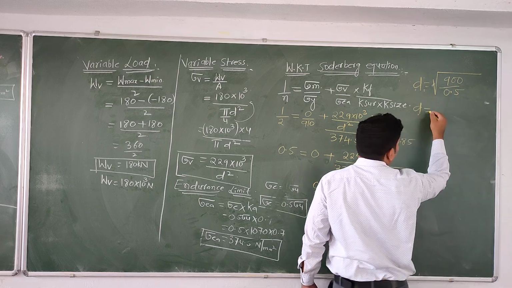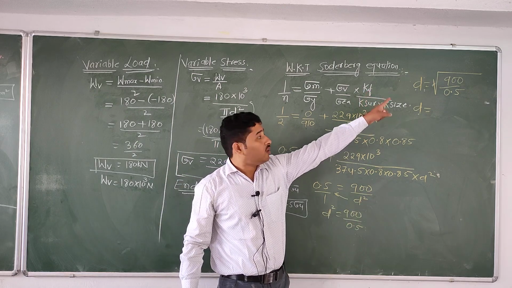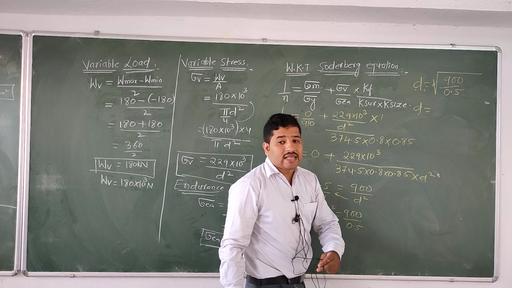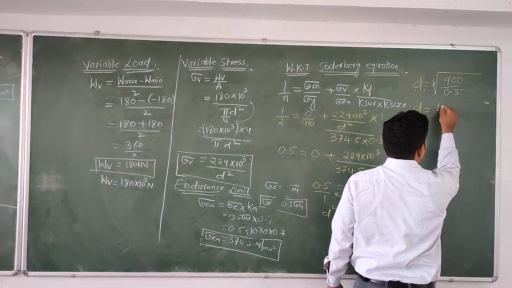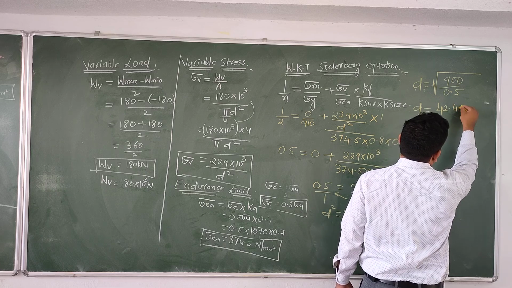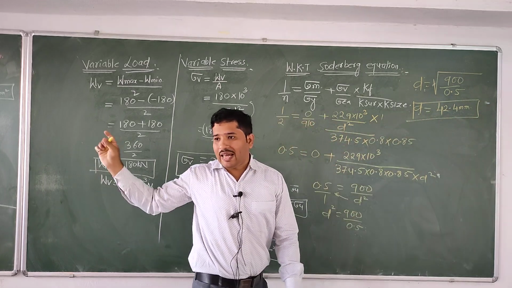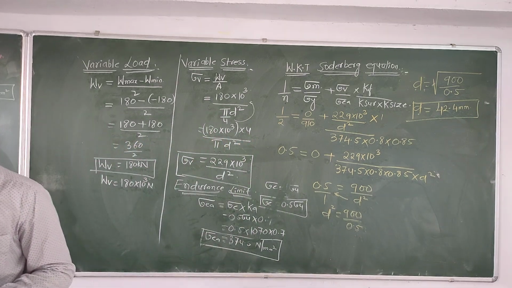If you solve with the help of a calculator, taking the root of 900 by 0.5, then you will get the answer 42.4 mm. So the diameter of this material, how much is there? 42.4 mm. Is it right?